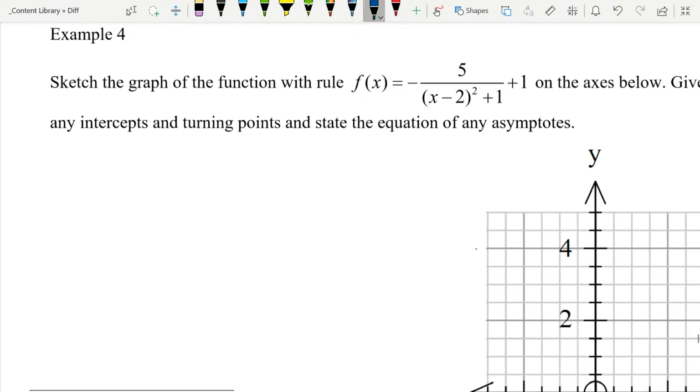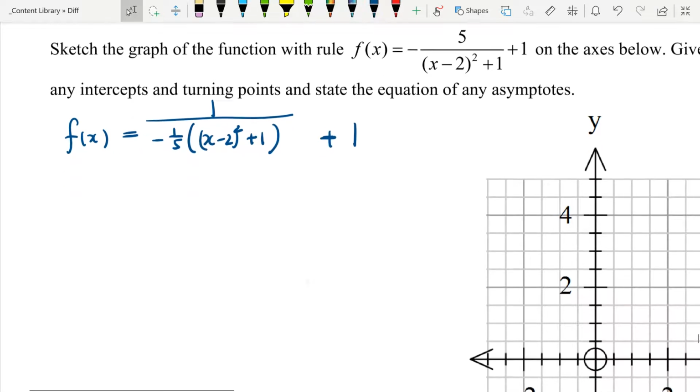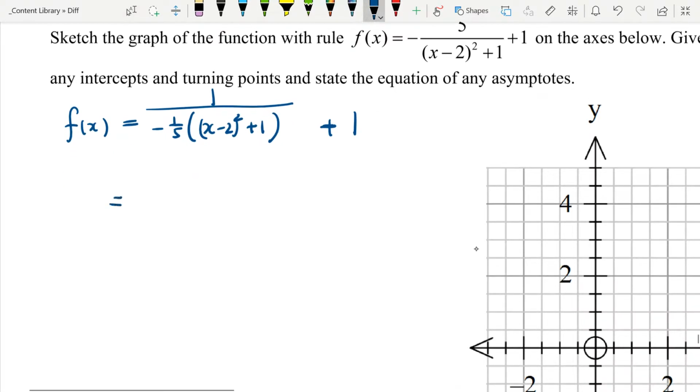I will make this function look like f(x) equals 1 over -1/5 (x minus 2) squared plus 1, and then plus 1 outside. And this is 1 over -1/5 (x minus 2) squared -1/5 and plus 1.